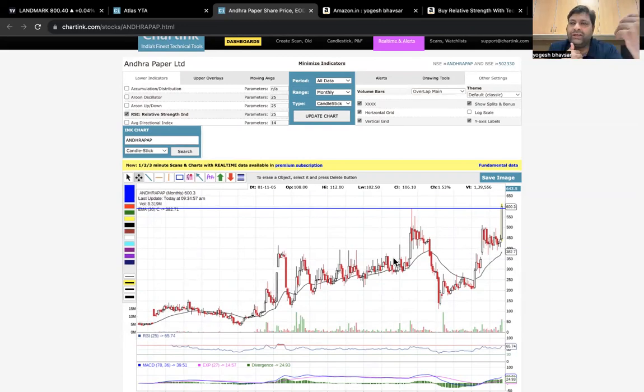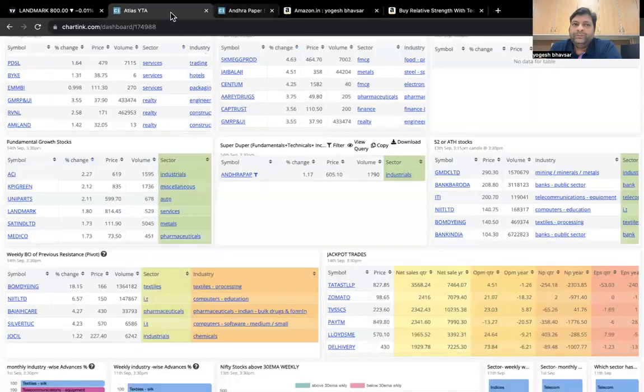So if you spend 2-3 days understanding the company, it's not wrong, because you are not in an urgency to buy at, say, 600 rupees. Even if you analyze and buy at 615, it doesn't matter to you. Okay, so you can keep analyzing such fundamental, technical, and institution-participating scanners at the same time. This is how this Super Duper scanner will help you.